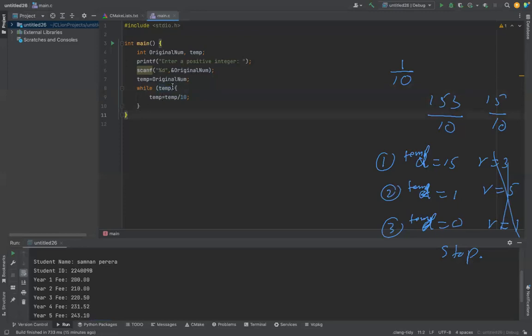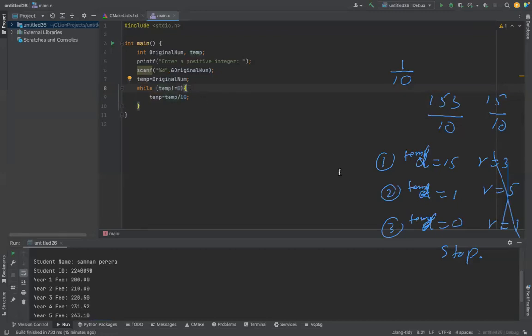Therefore, it is not necessary to put temp not equal 0. You can directly put the temp variable. That is also possible. That means if you get confused, you can use temp not equal 0. Otherwise, you can directly take the temp variable.